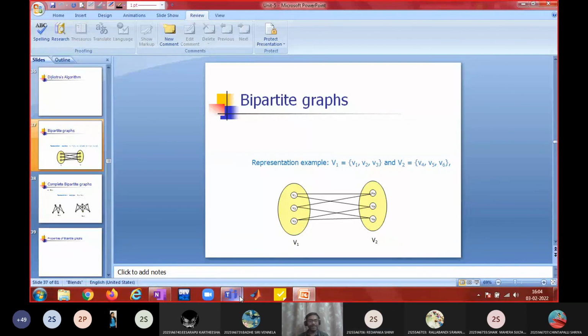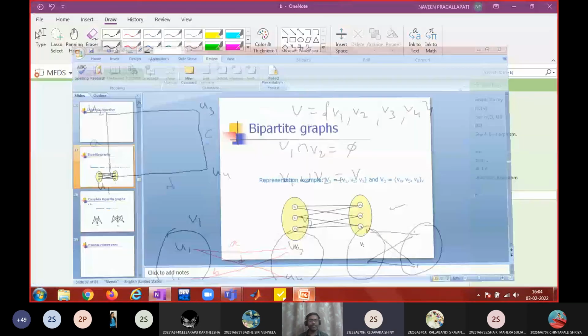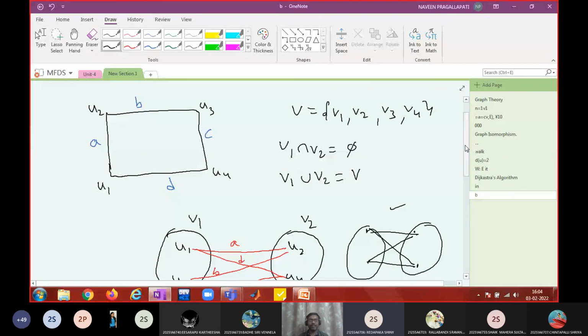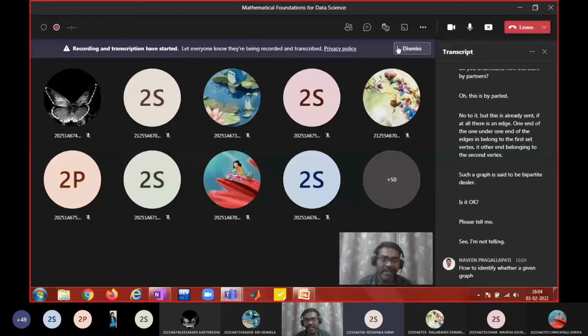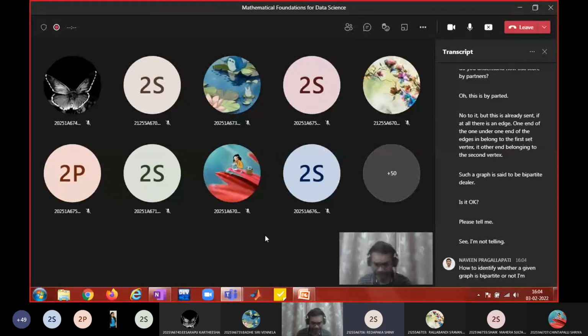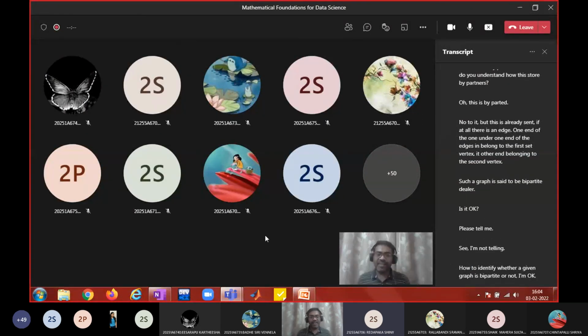Please tell me. I'm now telling how to identify whether a given graph is bipartite or not.